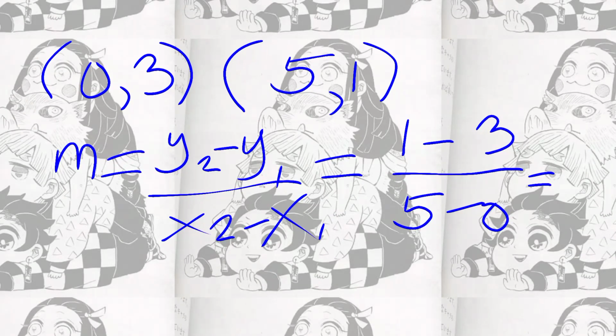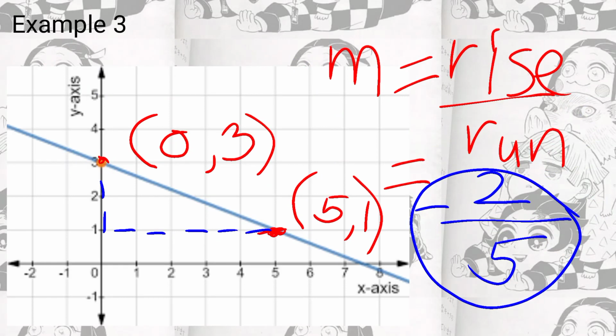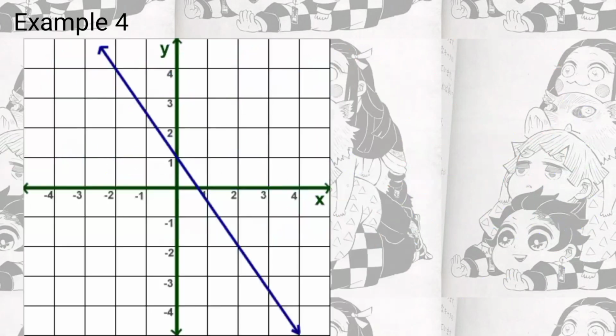At ang 1 minus 3 ay negative 2. Ang 5 minus 0 ay positive 5. Ibig sabihin, ang slope natin ay negative 2 over 5, or negative 2/5. Okay?